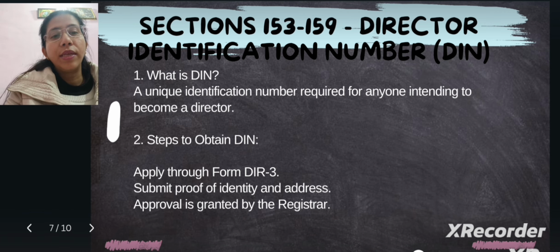There is a process defined from Section 153 to 159. Some important steps are: applying through Form DIR-3, submitting proof of identity and address, and approval is granted by the Registrar. These are the steps to be followed by persons who become a director to obtain their DIN.